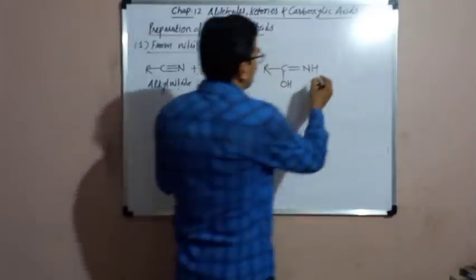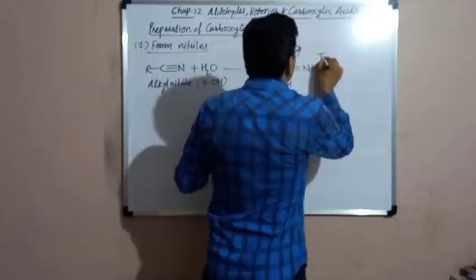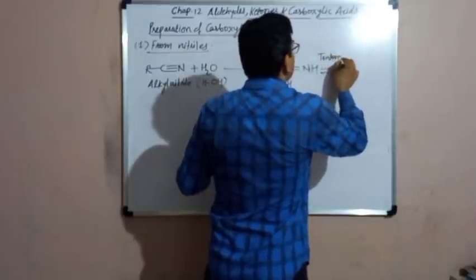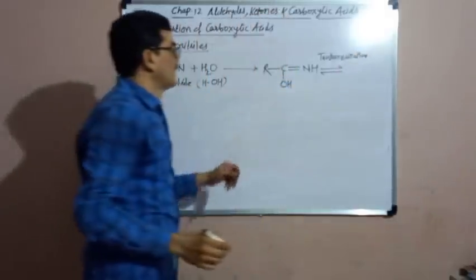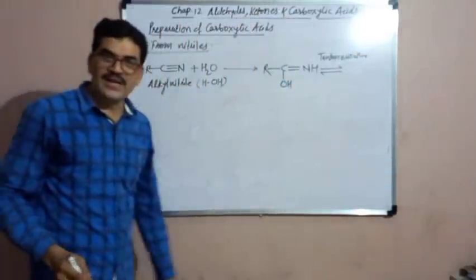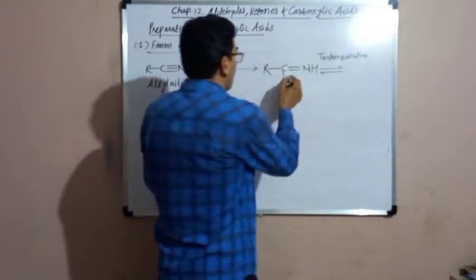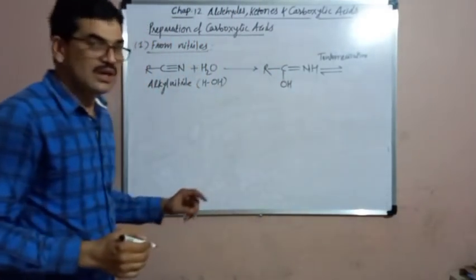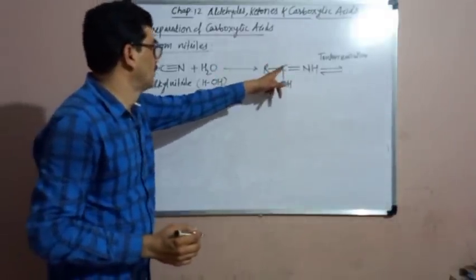Now this intermediate undergoes tautomerization. In the tautomerization, what happens exactly? There is a change in the functional group. The OH group will get converted to the carbonyl group.